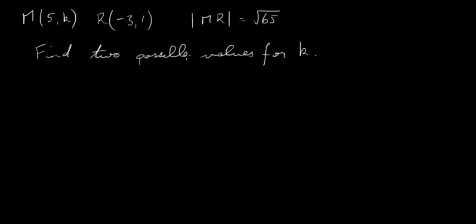The only bit of information we're given is that the distance between these 2 points, M and R, is the square root of 65. So, because we're given the distance between M and R as root 65, we're going to use the distance formula.